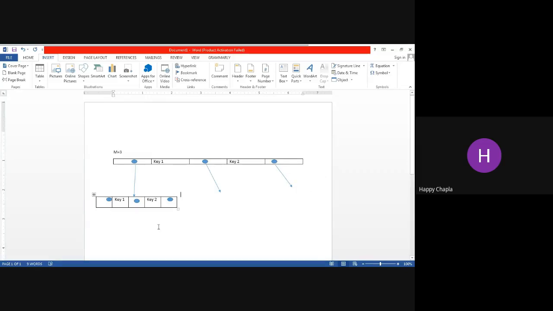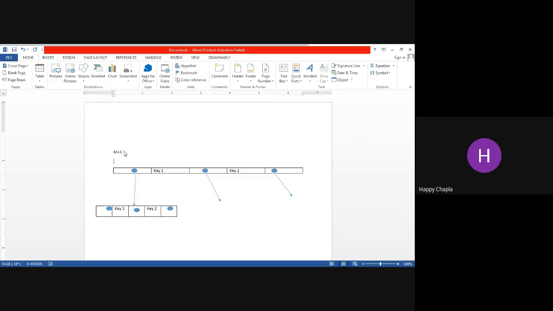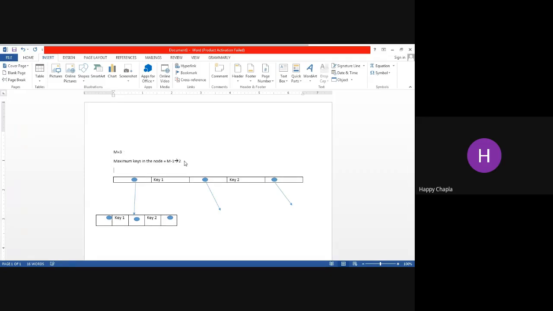Okay. Now, if my m equals to 3, so the maximum number of keys in the node is equals to m minus 1. That is 2. Maximum we can store the 2 key values.